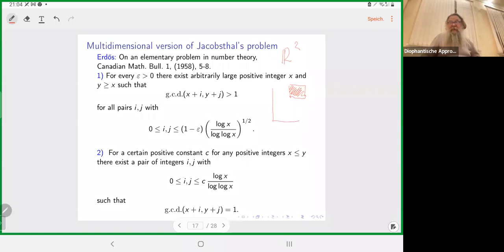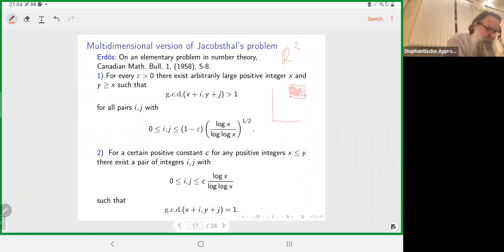What is the largest side of a square which consists of non-primitive points? Erdős proved two theorems in the 50s in the Canadian Mathematical Bulletin. This paper was forgotten for some time, but nevertheless, there is a story. I will say a few words about it.